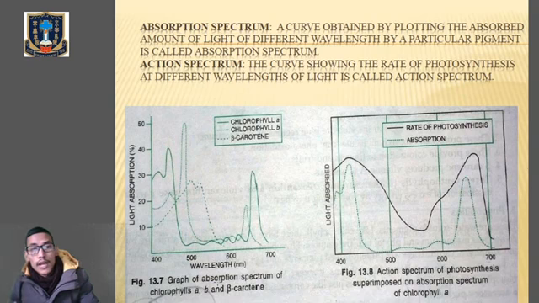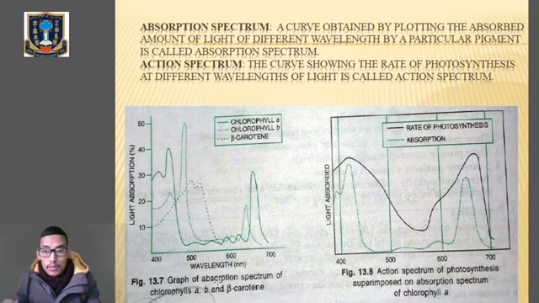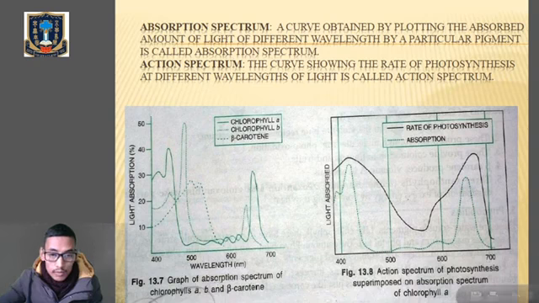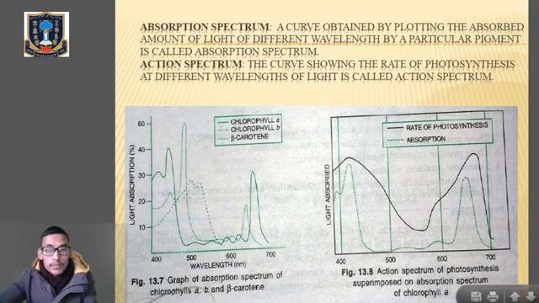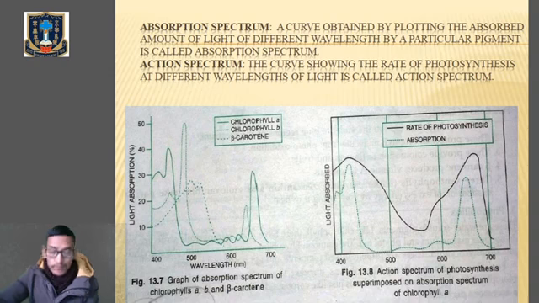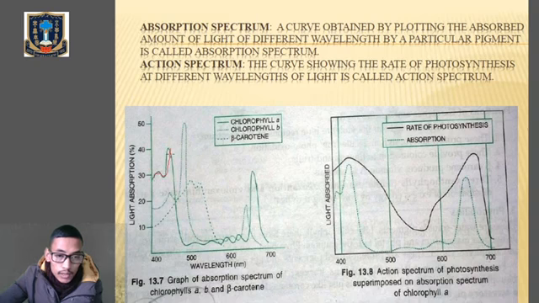So what do you mean by absorption spectrum? The curve obtained by plotting the amount of light of different wavelengths absorbed by a particular pigment is called the absorption spectrum. Here you can see the wavelengths of light absorbed by chlorophyll A. This is the wavelength of light absorbed by chlorophyll B, and this is the wavelength of light absorbed by the pigment beta carotene.